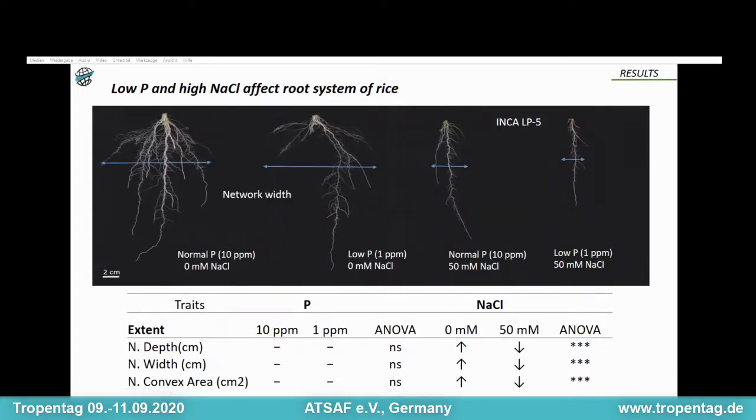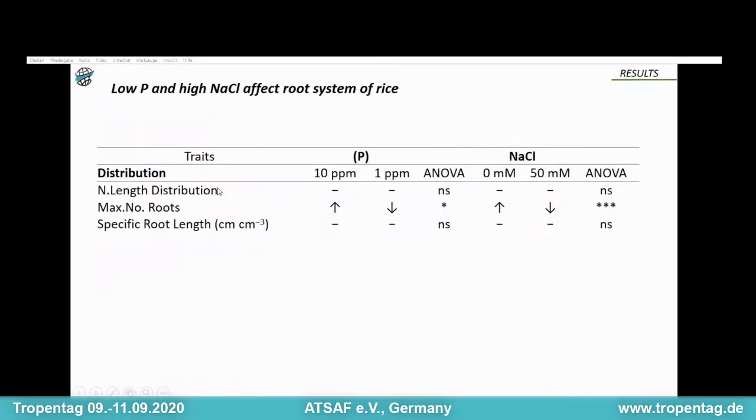The same occurred with network width and with the network convex area. Here we can see the three distribution traits. The only distribution trait that was affected by both P concentration and salt stress was maximum number of roots.